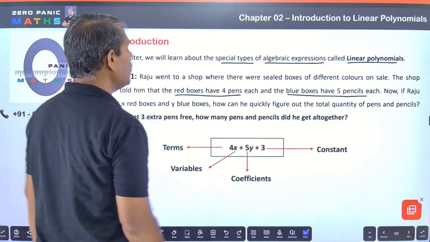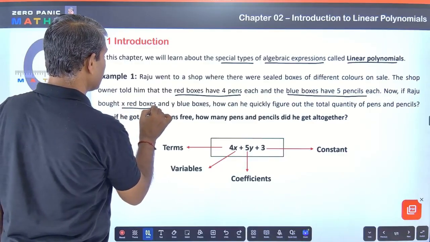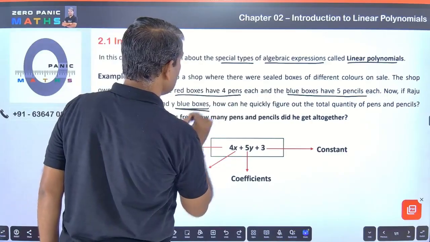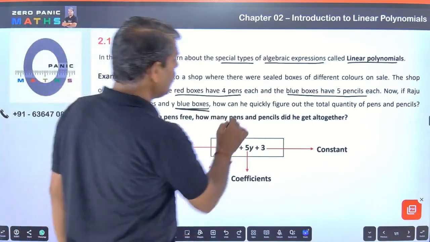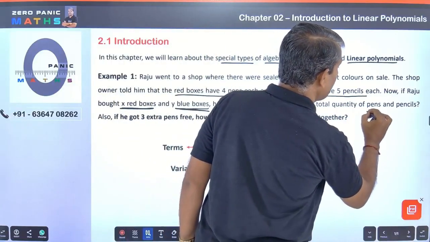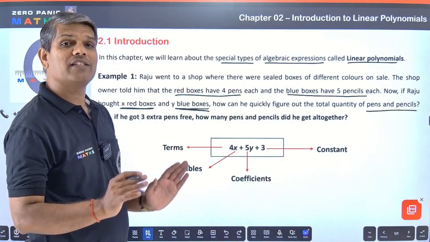Now if Raju bought x red boxes, remember this, and y blue boxes, how can he quickly figure out the total quantity of pens and pencils? How many pens he bought and how many pencils he bought?